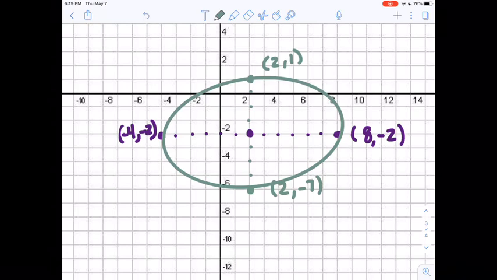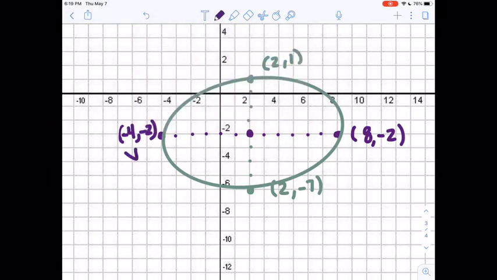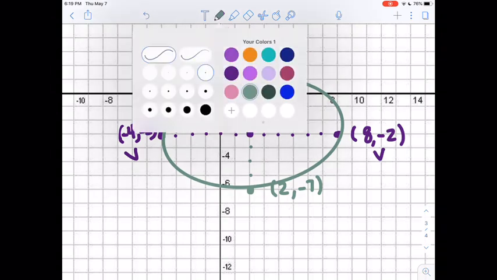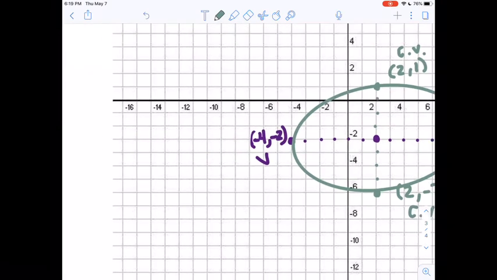Okay, again, the dark purple is on the longer axis, so this is a vertex and this is a vertex, and the green are on the shorter axis, so we call these co-vertices. So let's label these over here.